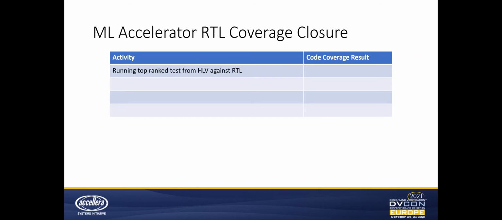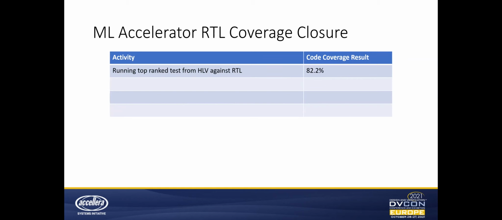And after running that same single test against the RTL, we got our starting coverage number of just over 82%. And this is typical in most designs that reach close to 100% code coverage on the pre-HLS source. Running that same stimulus against the post-HLS RTL yields somewhere between 80 to 85% coverage. So there are no surprises here.